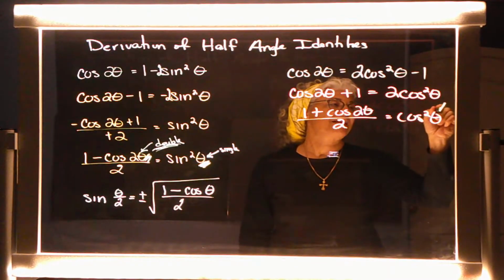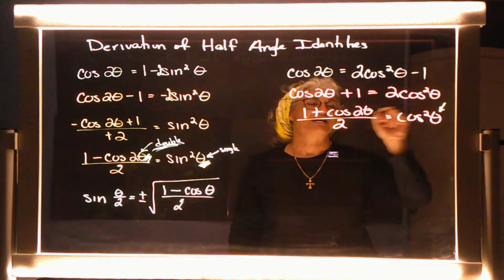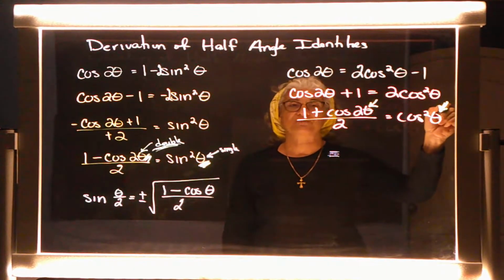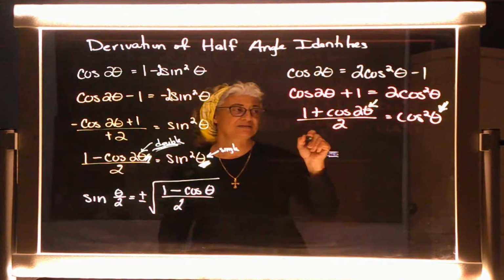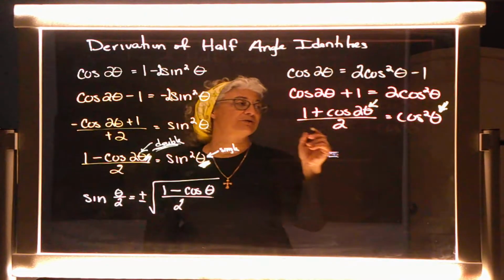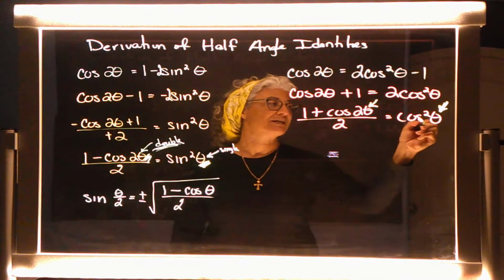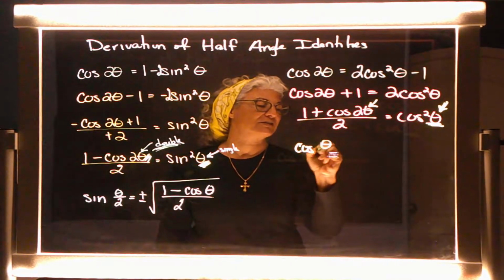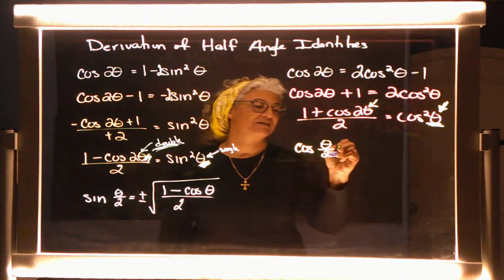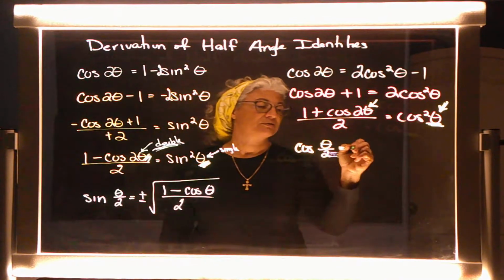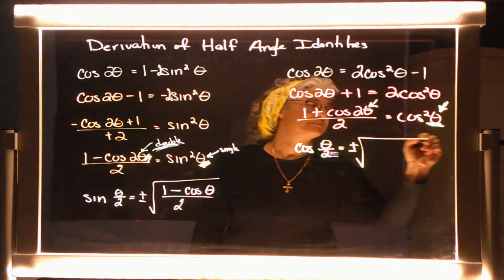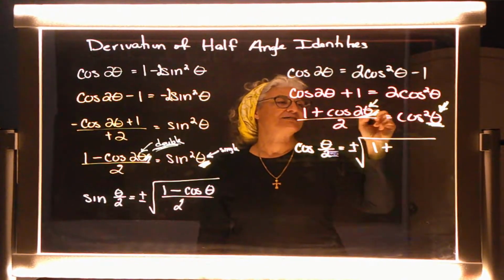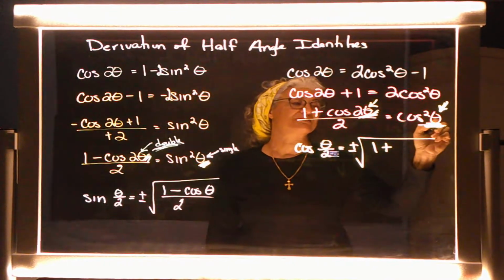Again, this angle is a single angle. This angle on this side is twice as big as this angle over here, which means if I take the square root at the same time and replace this theta, saying the cosine of 1/2 theta, remember, I got rid of the square at the same time, then this angle has to be twice as big as this angle.